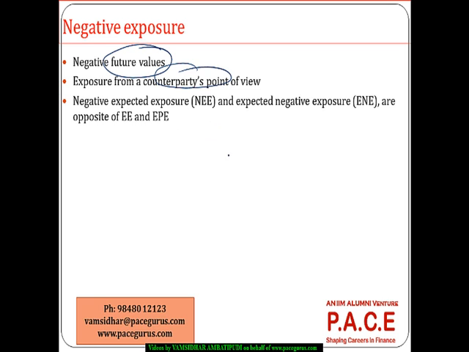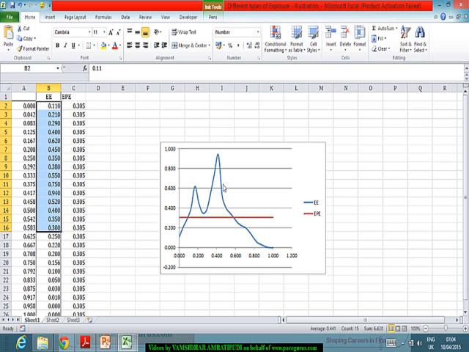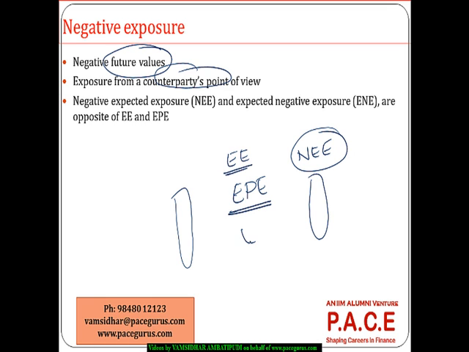Just like the way we found the expected exposure, we call this the negative expected exposure, which is the negative of these numbers. And just like the expected positive exposure, which is the average of all the expected exposures over time, I'll take the average of all the negative expected exposures over time and call it the expected negative exposure.